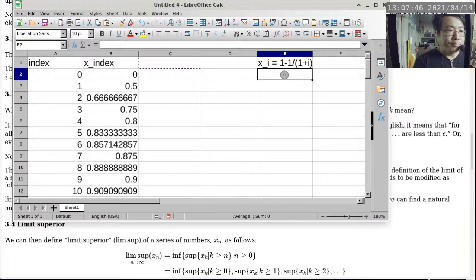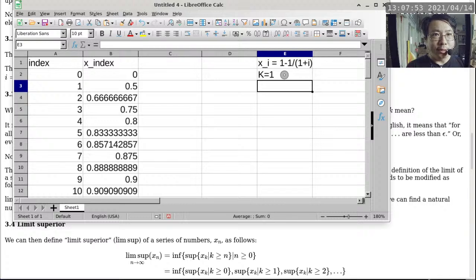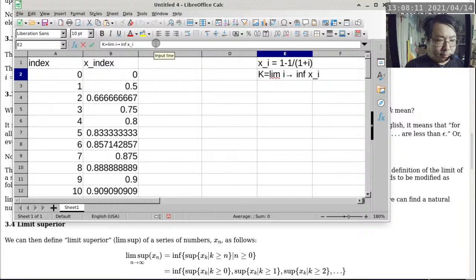So I'm going to give you the answer: k equals 1. k is the limit of the sequence, the limit of x of i as i approaches infinity, and that turns out to be 1.